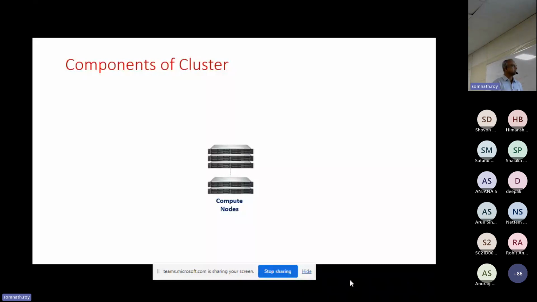If you have a box like this, a computer like this, it will have the same things: CPU, memory, and I/O. But it is slightly different, as we will see. I will describe what is inside this later, but you can take 10 computers, you can take 100. When you go to Param Shakti, they will tell you how many such compute nodes they have. So as you increase the number of nodes, your power is going to increase.